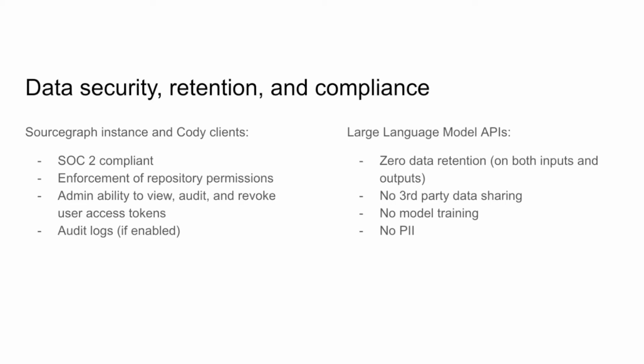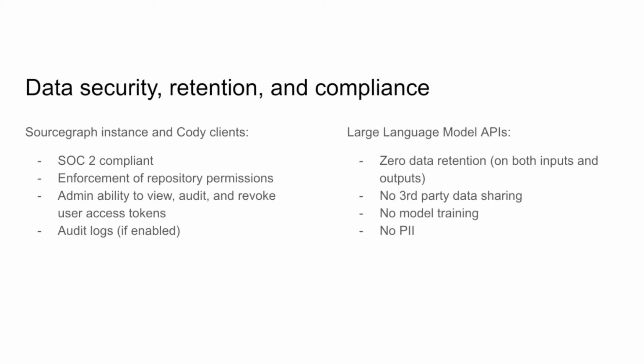Admins can view, audit, and even revoke access tokens at any time. The Sourcegraph instance can also record audit logs of user interactions with Cody if these have been enabled within site configuration. These audit logs may reside on the Sourcegraph instance or may be sent to a custom log destination if you want to integrate your instance with external log forwarders.